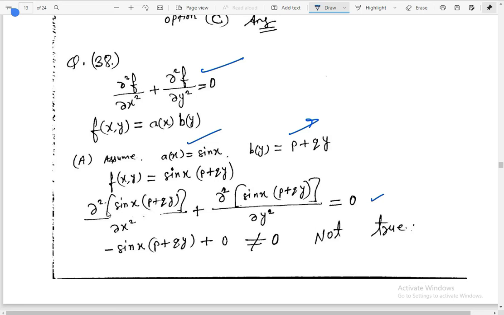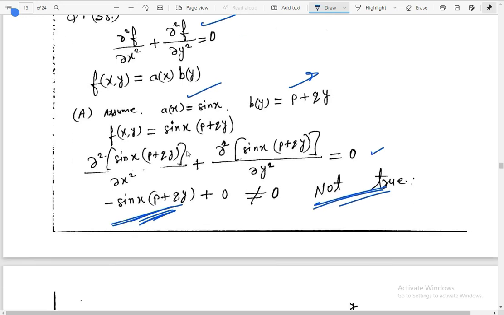So option A is not true. Actually it must be 0, but it is not 0 because of this value.